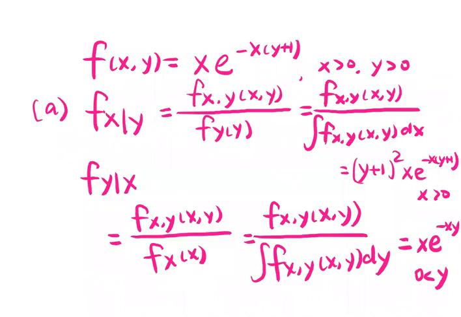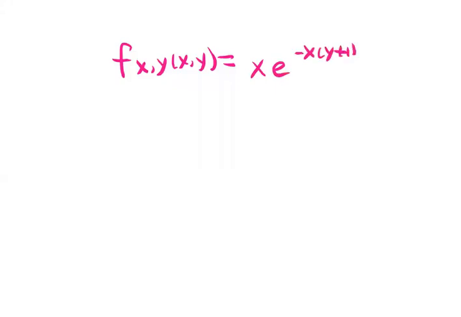All right, I want to focus on the second part mostly. So for the second part, you still have this joint, and x and y greater than 0. You're asked to find the density of z equals xy.